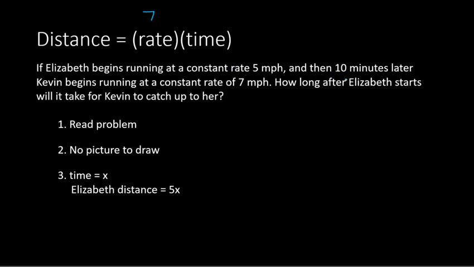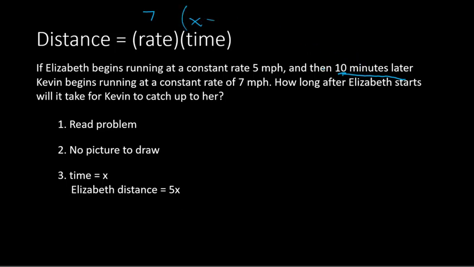Now the time that he ran, it says he began 10 minutes later. So he started running 10 minutes after Elizabeth started running. So if he started later than Elizabeth, that means he ran 10 minutes less than her time. So if her time was x, Kevin's time is going to be x minus 10 minutes.